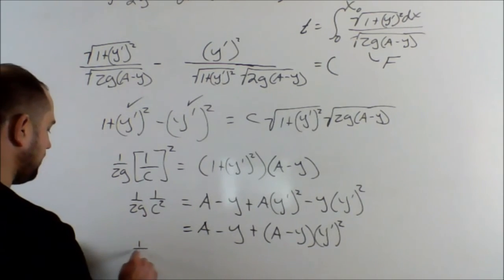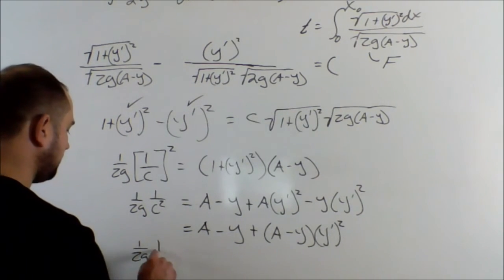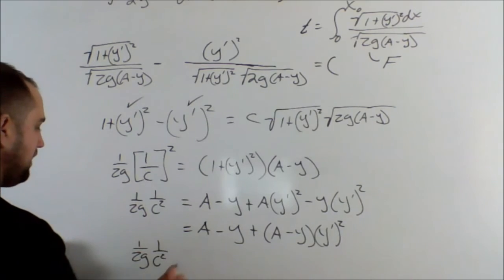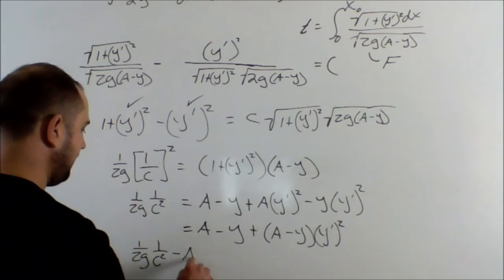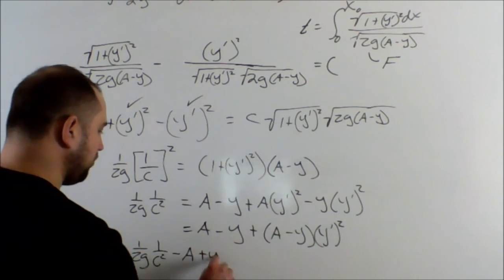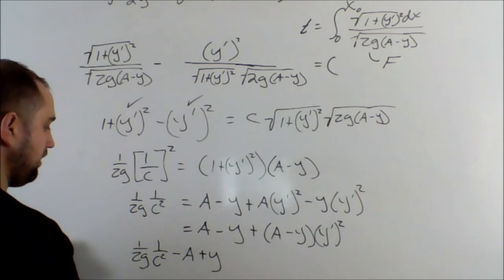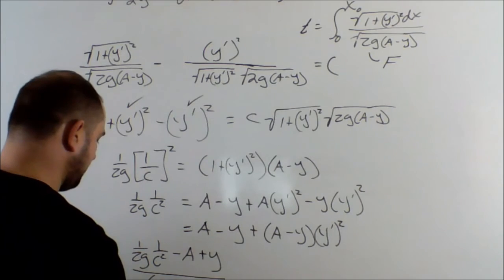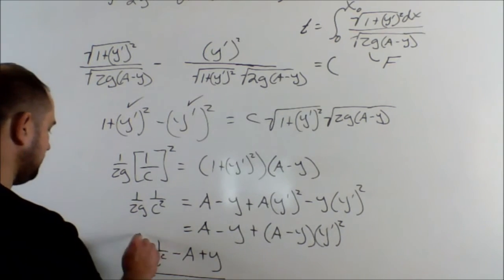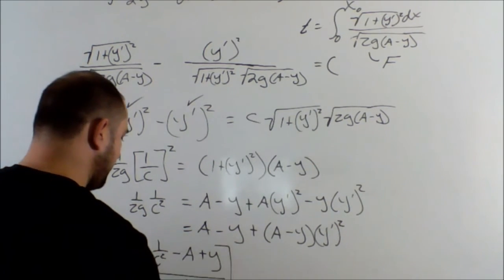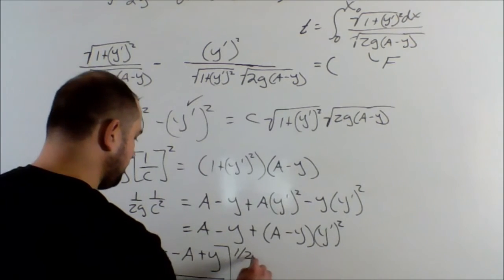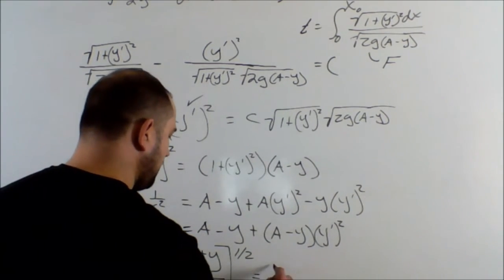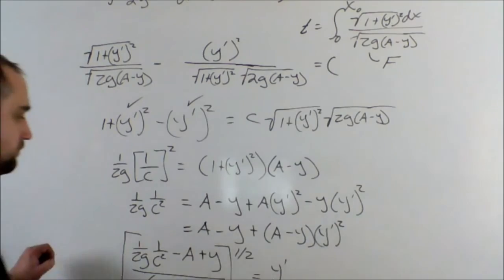So I get 1 over 2g times 1 over c squared minus a plus y, divided by a minus y, all to the 1/2 is equal to y prime.